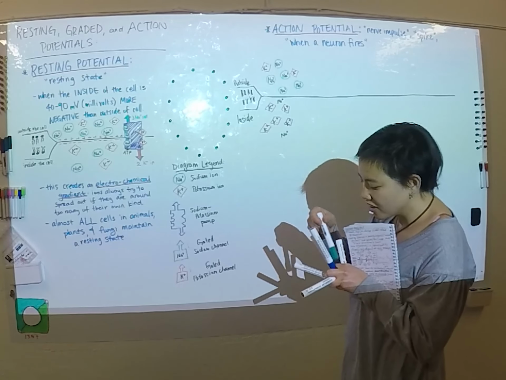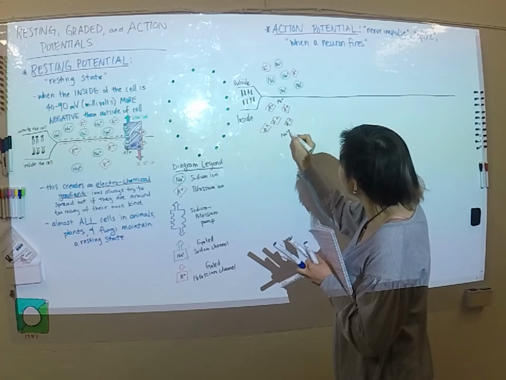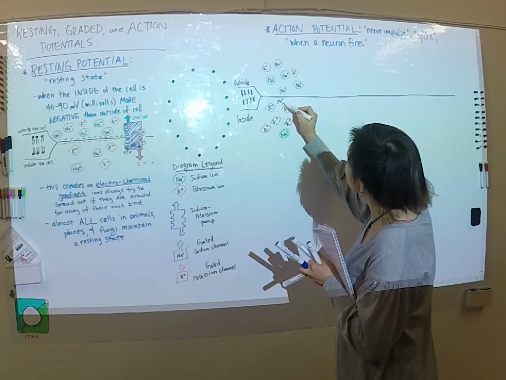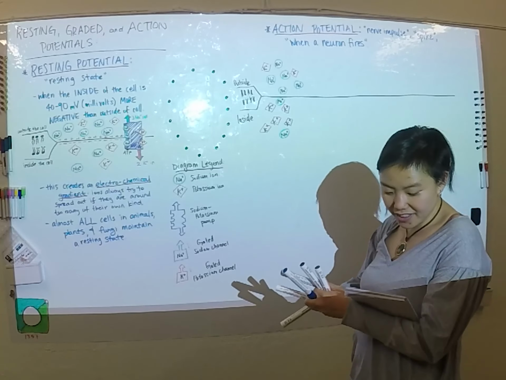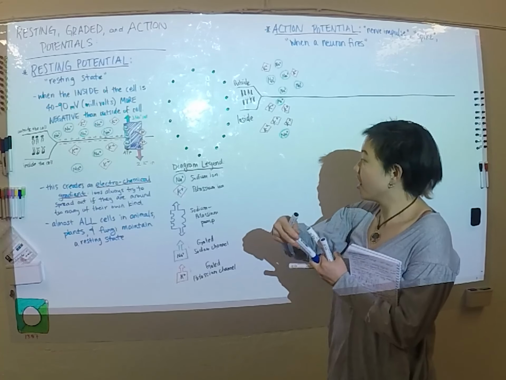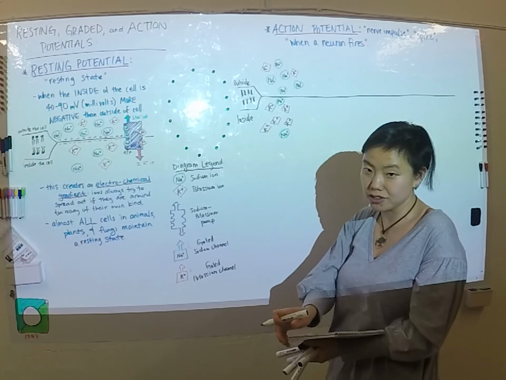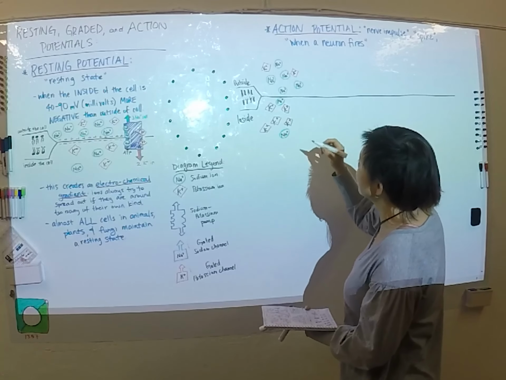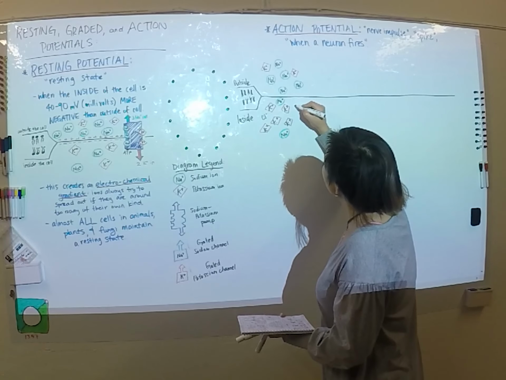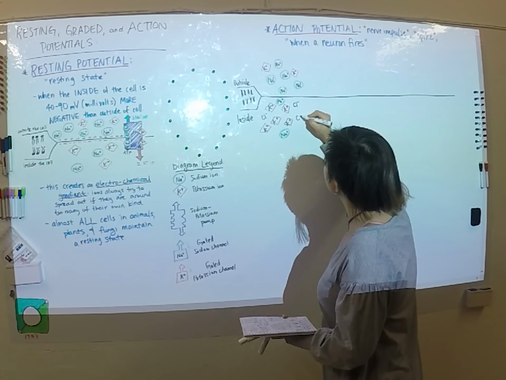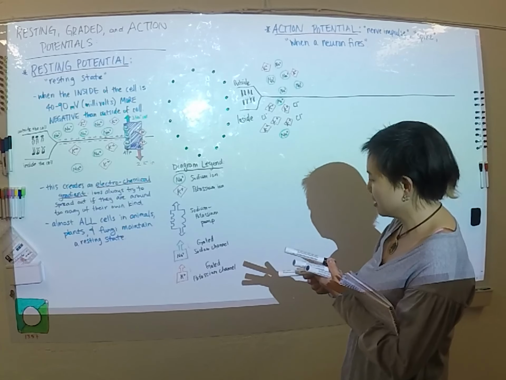Just a few, and they're probably soon going to get pumped out by our sodium-potassium pump. And actually, there is a third ion, which we mentioned before when we talked about the graded potentials, okay? So on the inside of the cell, there's also a couple of chloride ions, okay? So we didn't talk about them before, but here they are.